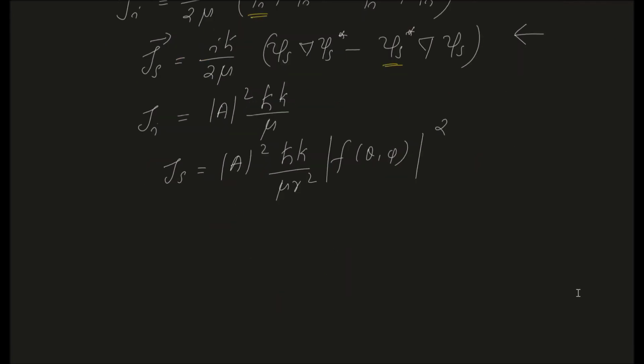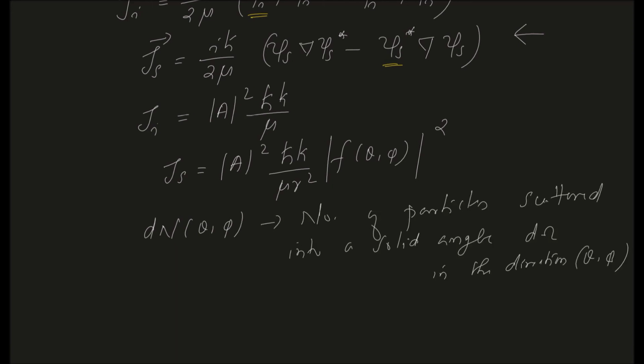So this is the expression that you get by simply substituting the expression for the incident and scattered wave. Now the number of particles that is scattered into a solid angle d omega along the direction theta phi can be represented by, let's say, dn of theta phi.